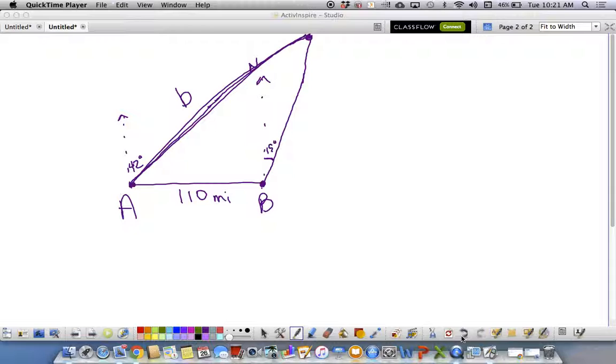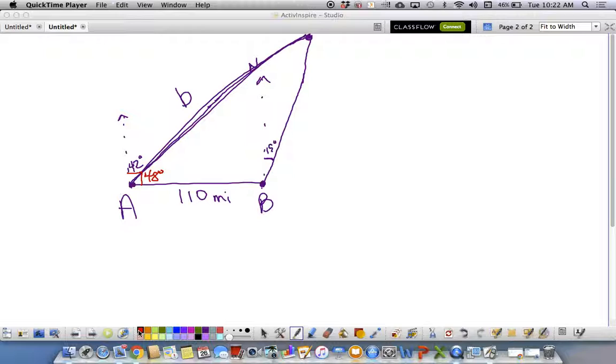It's 90 minus 42. What is 90 minus 42? Angle A. So do we all agree from north to east has to be a right angle? Yeah. So what is this part right here, angle A? 48 degrees. Can we find angle B?